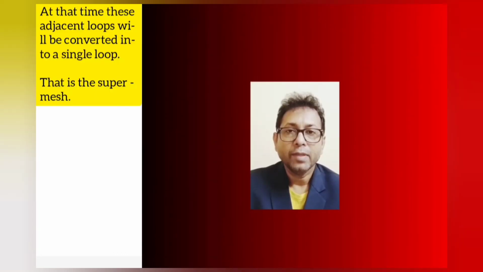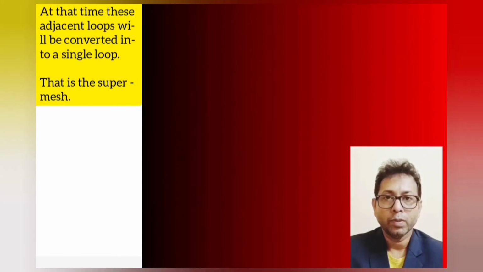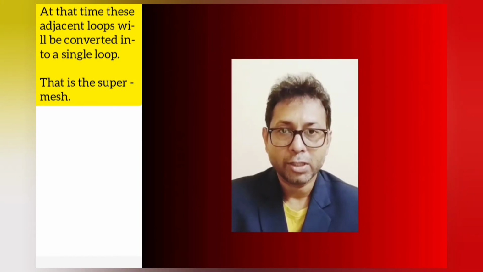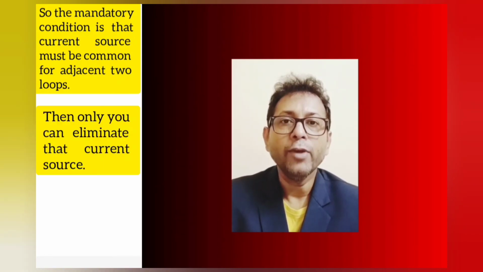Then these adjacent loops are converted into a single loop. That is the supermesh. So the mandatory condition is that the current source must be common to two adjacent loops. Only then can you eliminate that current source.